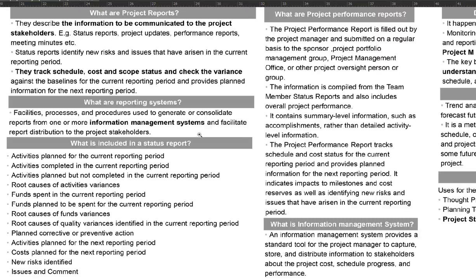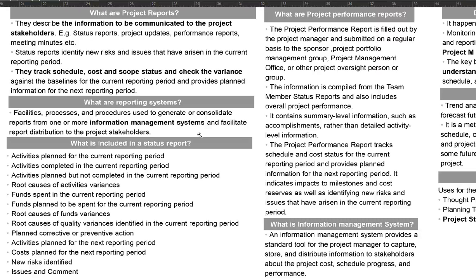Basically, these information management systems hold the information regarding the whole project. The information management system will have all the reports. It will have all the necessary programs used to track and report projects.